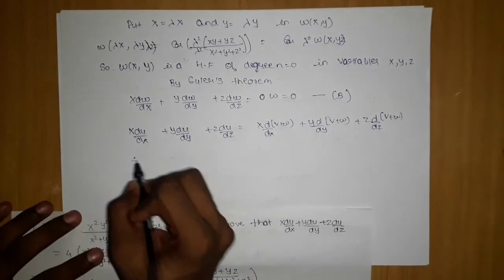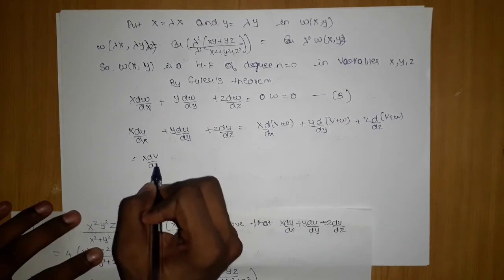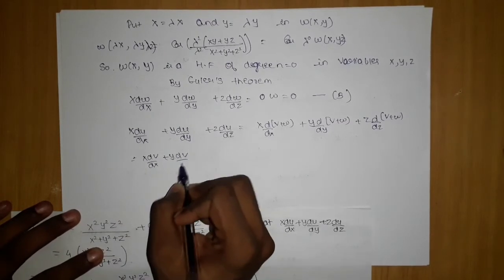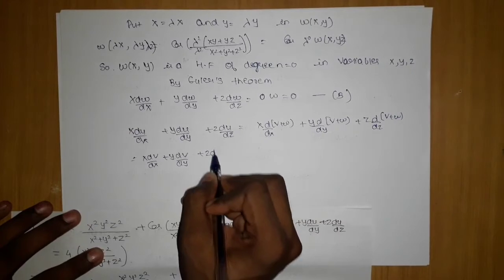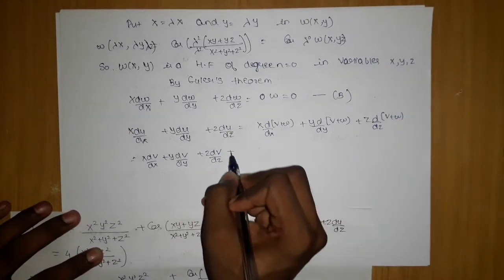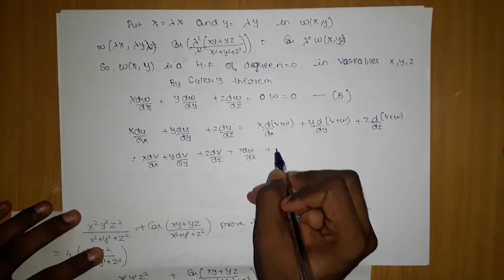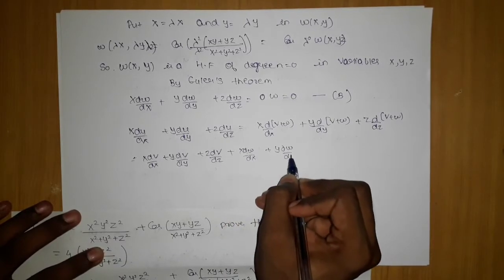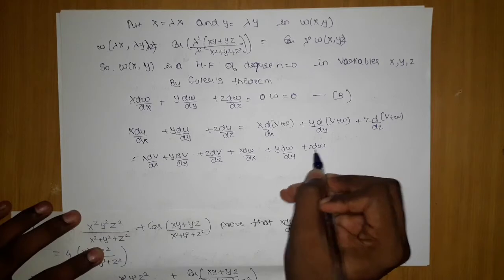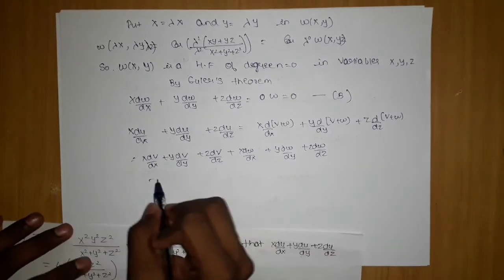So we are going to get x dou v by dou x, y dou v by dou y, z dou v by dou z, and similarly x dou w by dou x, y dou w by dou y, and z dou w by dou z. You have these values from a and b.